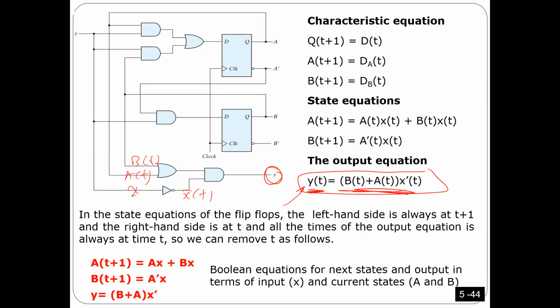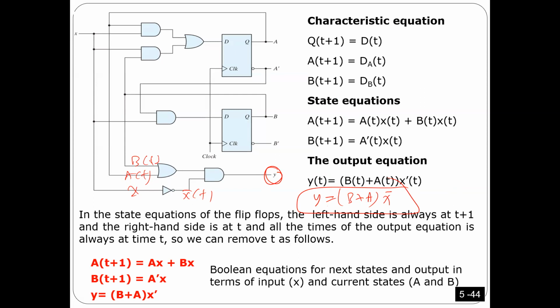I don't need to keep saying time t, so for this output I'm going to say Y equals B or A, X prime. I'm going to remove t, because the output equation is always at time t, before the clock.